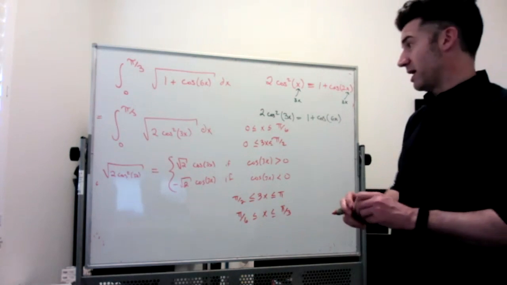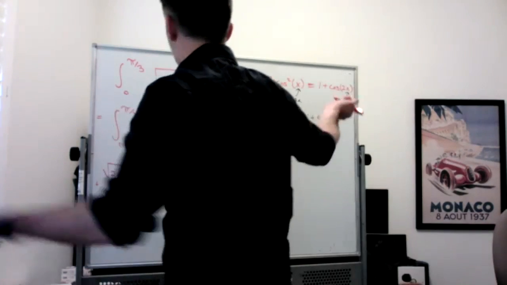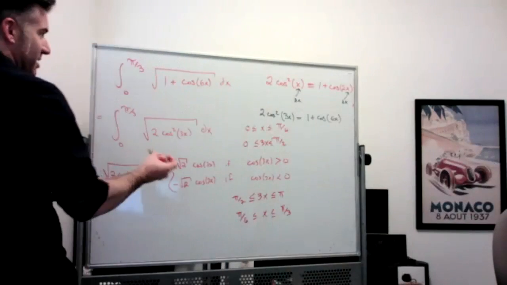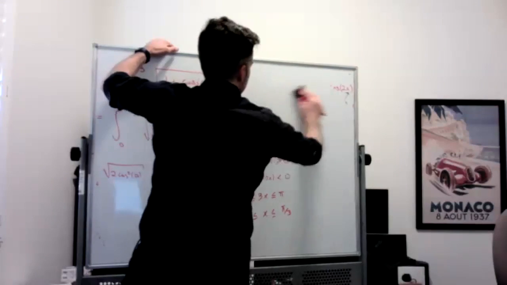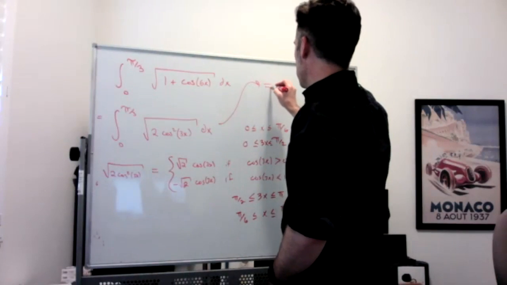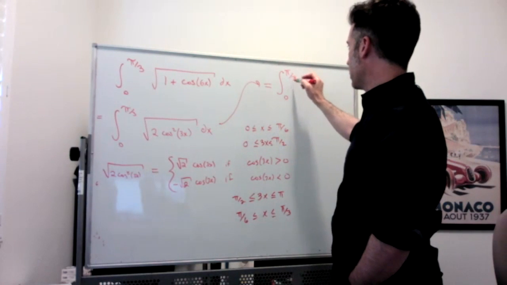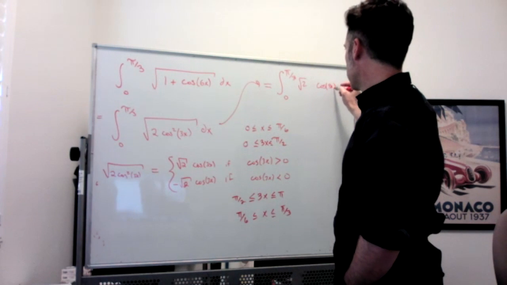So the thing here is I can't actually just say, never enough room. So I can't just say, I guess I'll erase it here for a second. I can't just say that this is equal to the integral from 0 to pi over 3 of the square root of 2 times cosine of 3x.